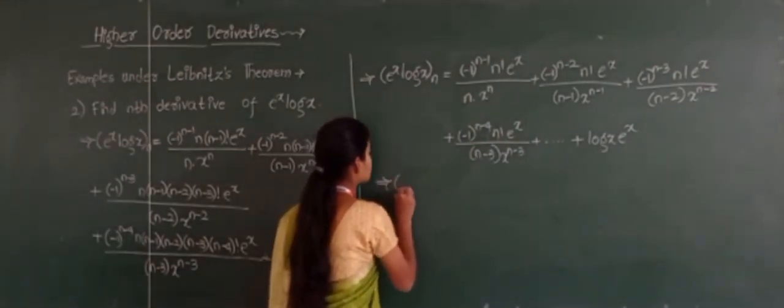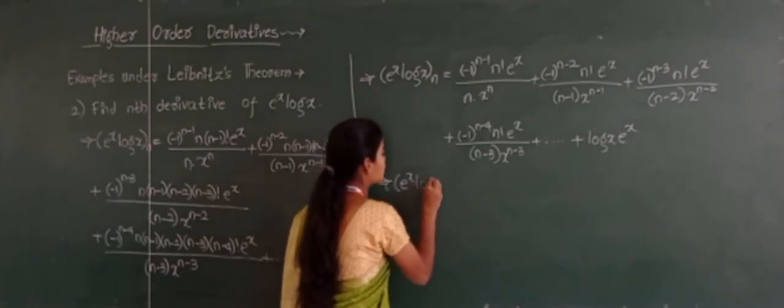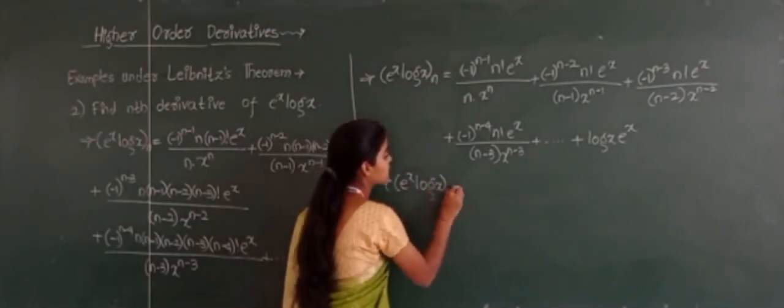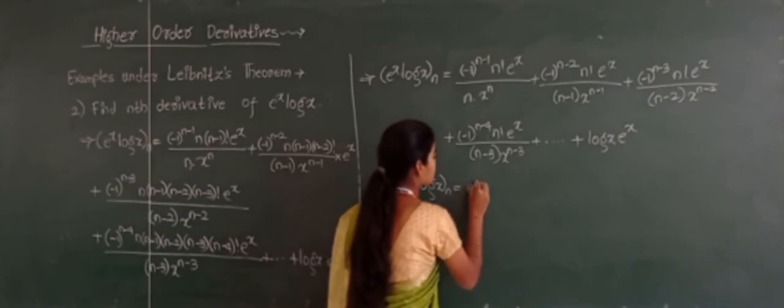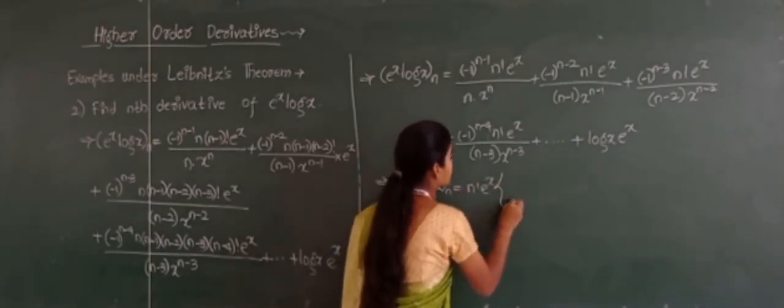What we will get? e raised to x log x, nth derivative of it, that becomes n factorial into e raised to x I will take outside.